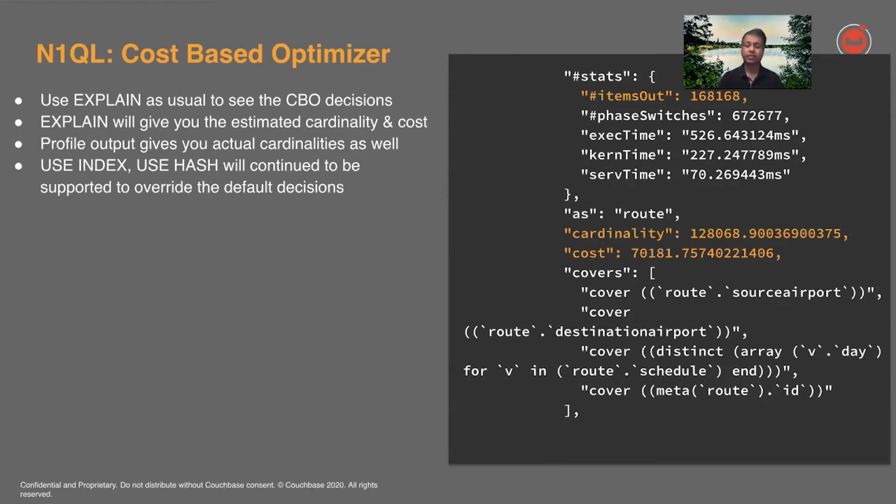So this delta between estimates versus the reality is always the case. But the idea is you can see just the cardinality and the cost in your simple explain plan, but when you see the profile, you actually see what was estimated and what was the real number of items that qualified for the particular predicate.